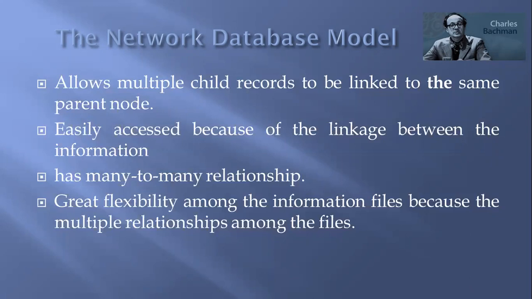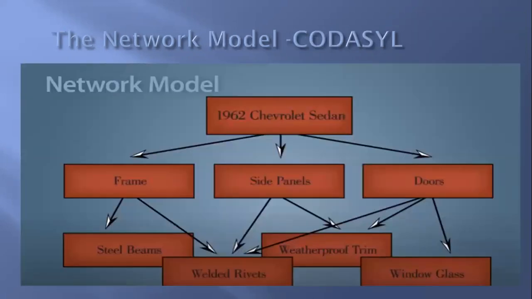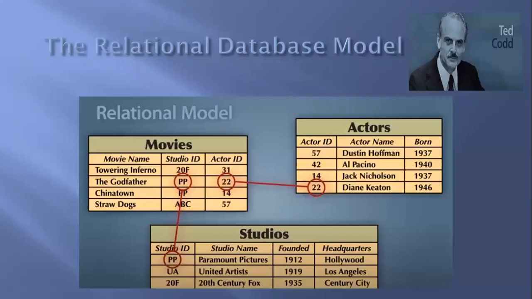For more complex data, it is easy to use because of the multiple relationships found among its data. It is easy to navigate and search for information because of its flexibility. Here we can see in the diagram, one child can have more than one parent and one parent can have one or more children as well.